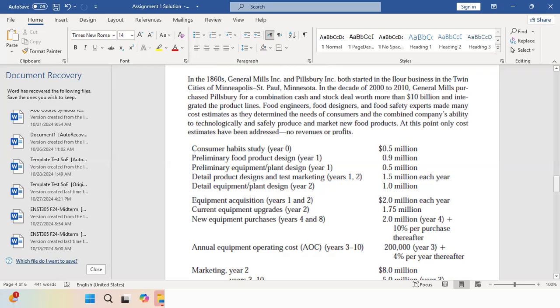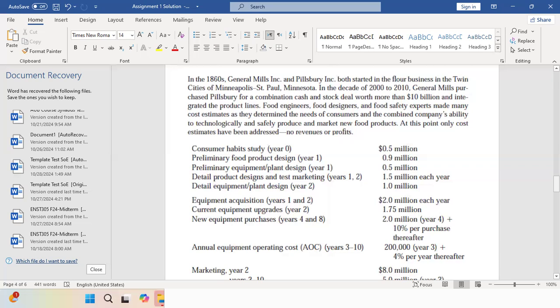Food engineers, food designers and food safety experts made many cost estimates as they determined the needs of consumers and the combined company's ability to technologically and safely produce and market new food products. At this point, only cost estimates have been addressed, not revenues or profits.